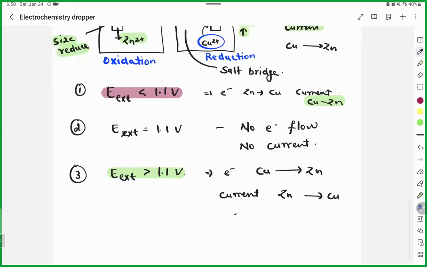Zinc will be deposited and copper will dissolve, exactly the opposite of the first situation.